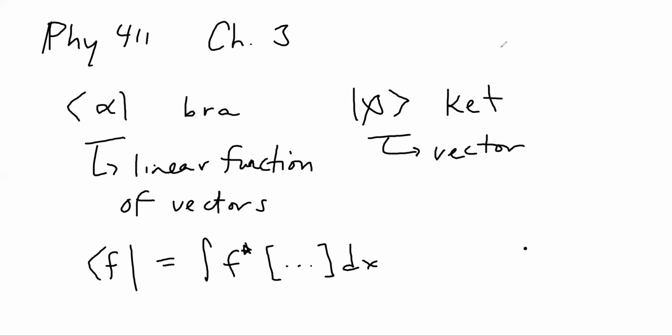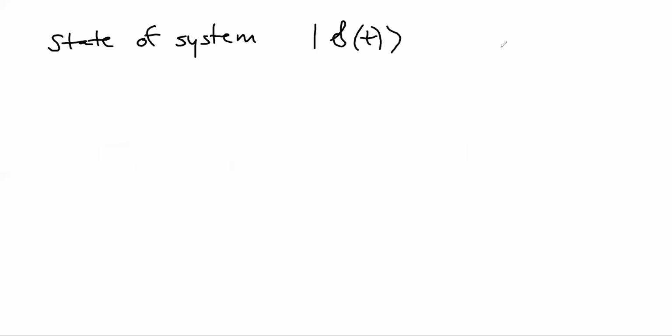So we had already said that we can represent the state of our system by a vector, right? So let me give myself a second page here. We can represent the state of our system by a vector, and hopefully my handwriting is a little bit legible to you. So we've got a vector that might be evolving with time, and we are hopefully in this Hilbert space so that we can use all these tricks that we've been talking about.